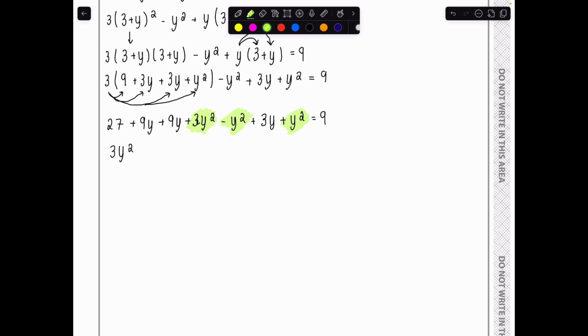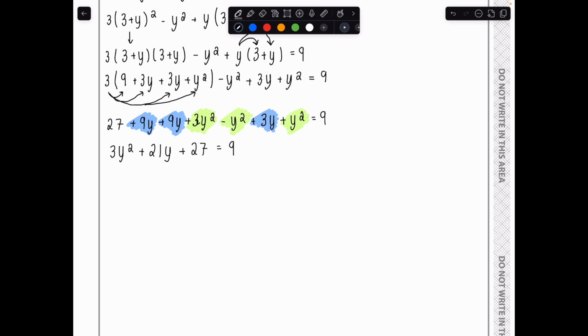Now let's have a look at the y terms. We have a positive 9y here, another positive 9y here, and a positive 3y here. So we've got 9 lots of something, adding 9 lots of something, add 3 lots of something. What does that equal? That equals positive 21y. Now from here, we have a plus 27 on the left-hand side, and that equals 9.